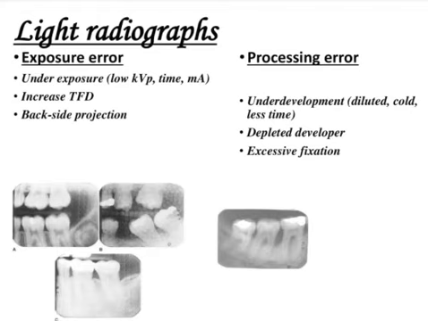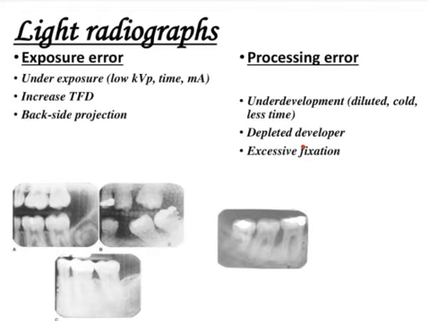Okay, so we have dark radiographs and we have light radiographs. The reason for light radiographs can be exposure factor errors or processing errors. Exposure factor errors means, for example, you want to take a molar exposure and you had selected incisors of the mandible, which has the least exposure among all the teeth.